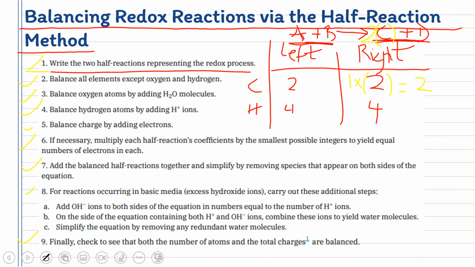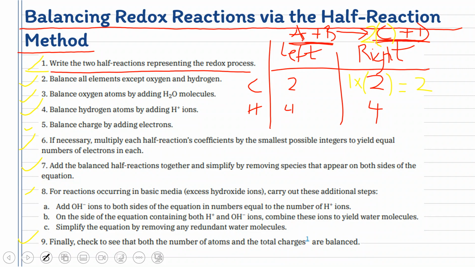So let's say we have an element. I'll have to use an example right now. The first step in balancing a redox reaction is that you have to write the half reaction for both of the two reactants you have.